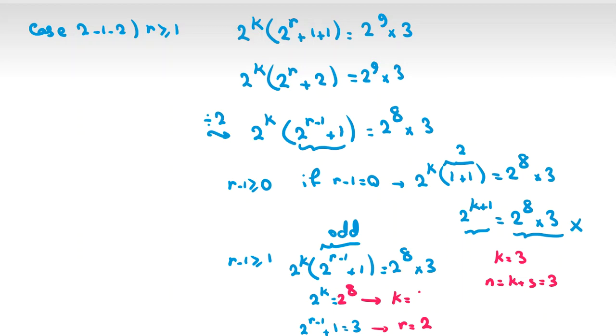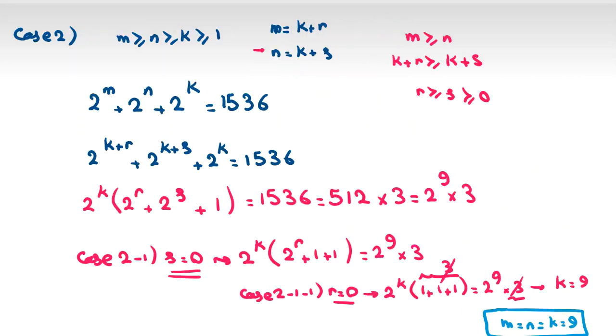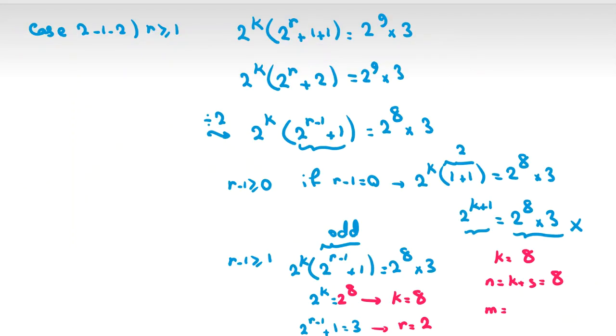So k equal to 8. Okay. So k is 8. K plus s is 8. And the next one is what? M. M is k plus r. So k plus r will be, r here is 2, it will be 10. So if you replace, you will see this other answer.